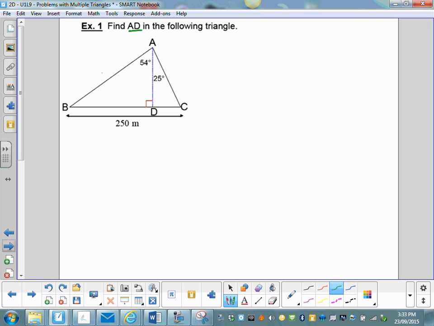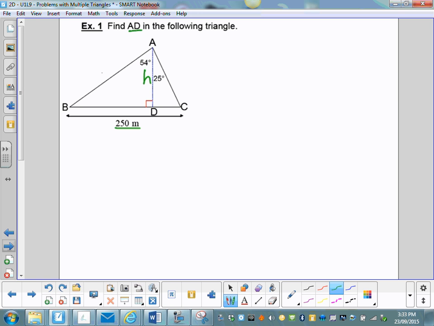And AD is the height of triangle ABC. So I'm actually going to call it H. So in triangle ABC, as it is right now, we know the length of BC is 250, and then we know some of the angles within triangle ABC.